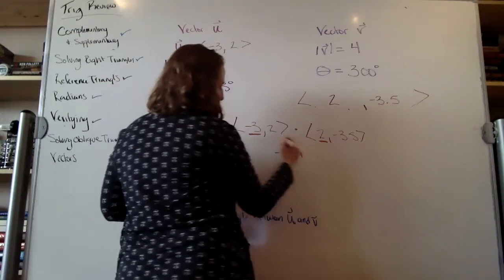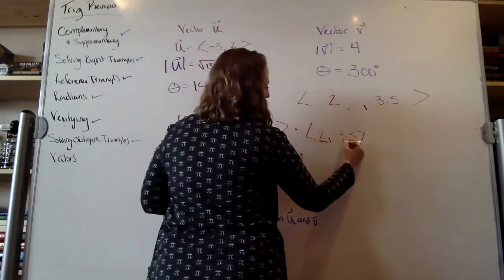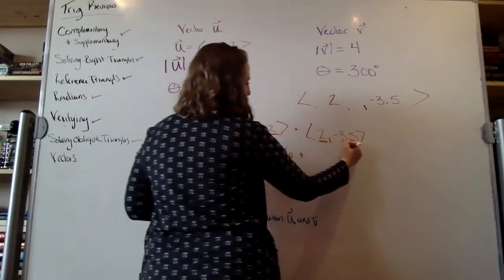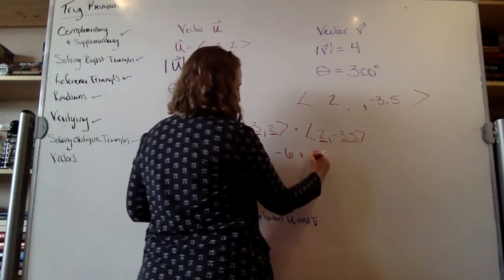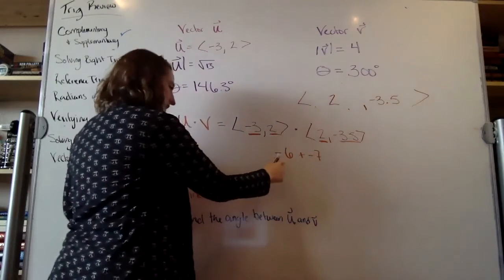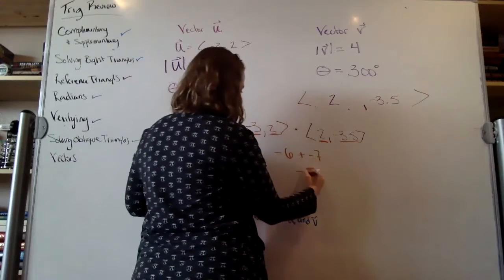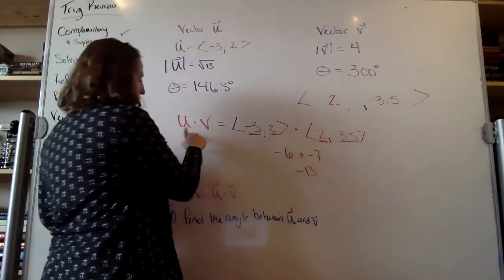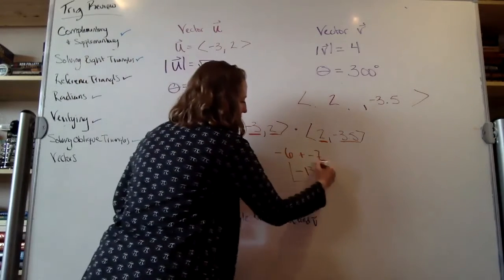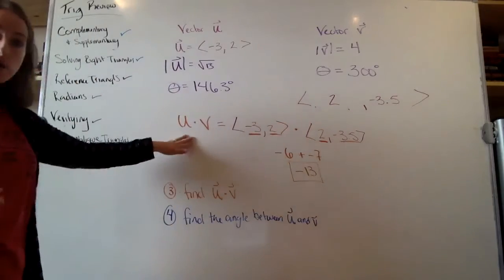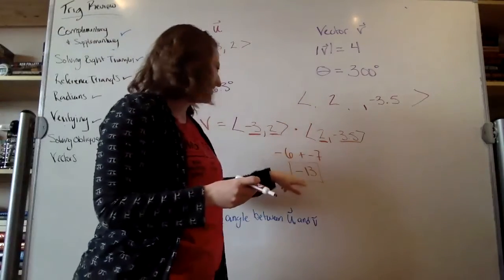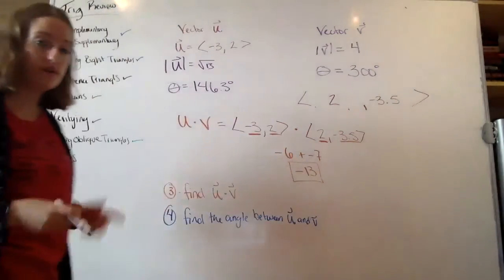And I'm going to add that to the multiplication of my vertical components. 2 times -3.5 is -7. -6 plus -7 is -13. So u dotted with v is -13.